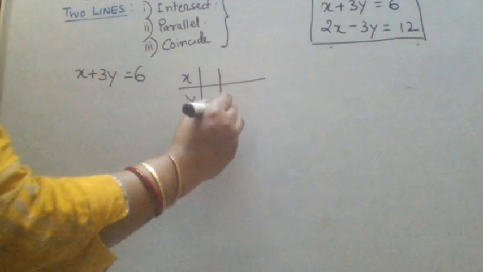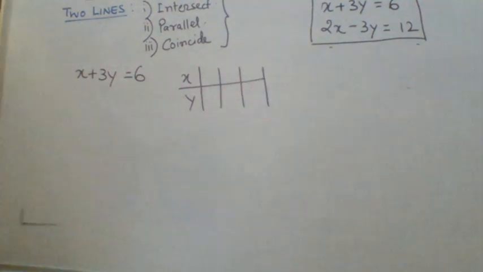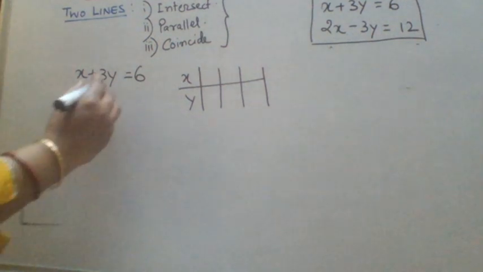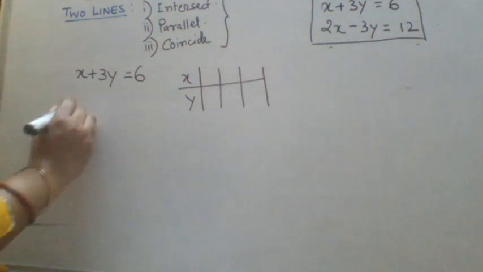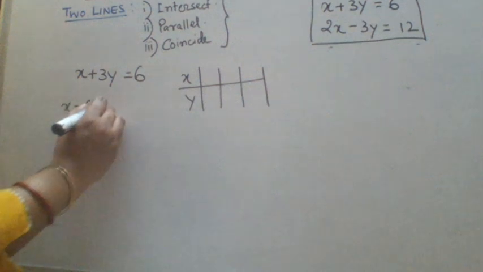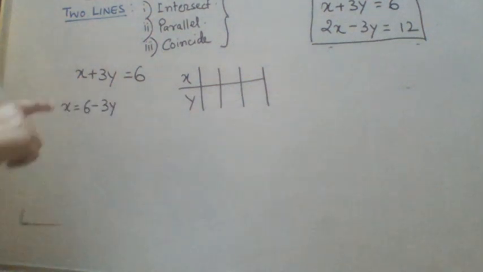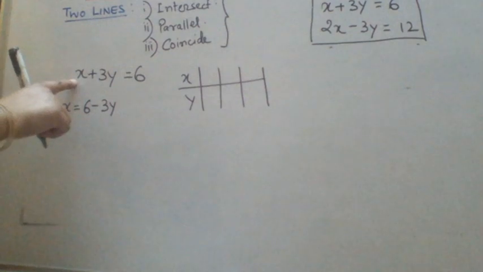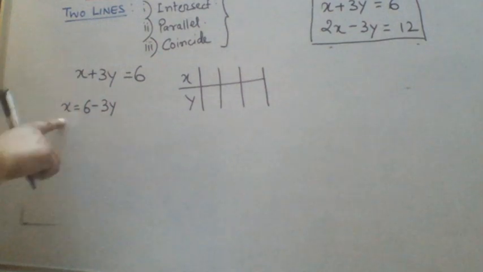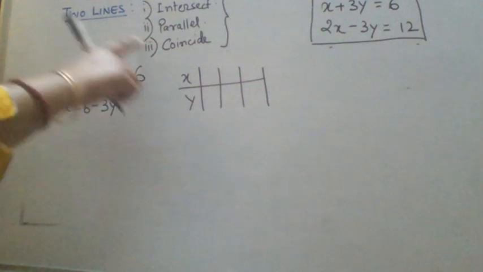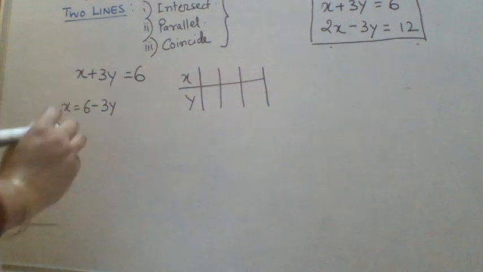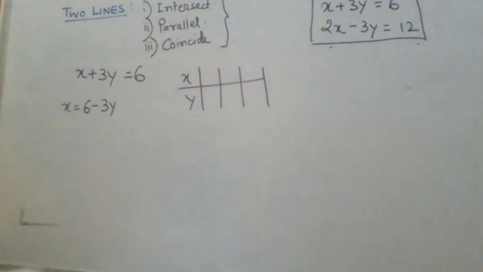Because we are going to find 3 points, we make 3 such columns. So we write this as x is equal to 6 minus 3y. Because x has no coefficient, we keep it on one side, and the 3y we transpose to the other side. So this becomes 6 minus 3y.